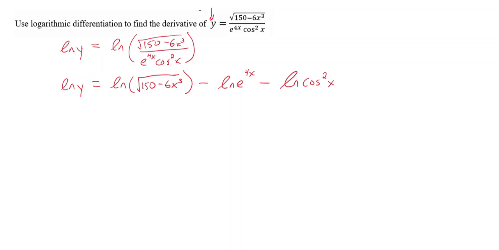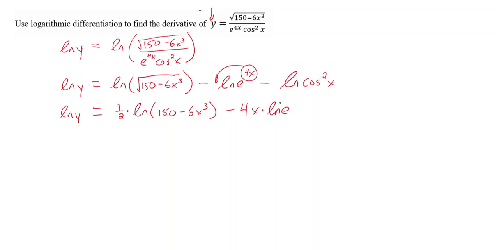Okay, so from here, we'll just keep simplifying this. We've got the natural log of y is equal to, and we can think of this square root as really being to the power of a half. So I'm going to bring my 1/2 down front: 1/2 times the natural log of 150 minus 6x cubed, minus, now I'm going to bring the 4x down front, so it's minus 4x times the natural log of e.